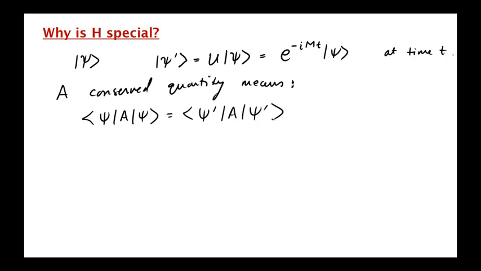Okay, but what's <psi'|A|psi'>? Well, psi prime is U psi, so it's <psi|U† A U|psi>.